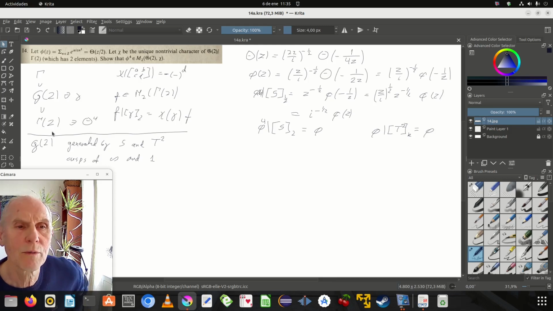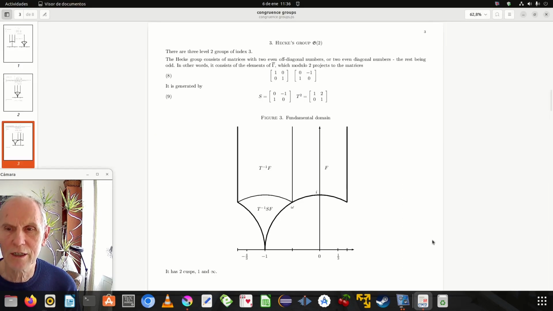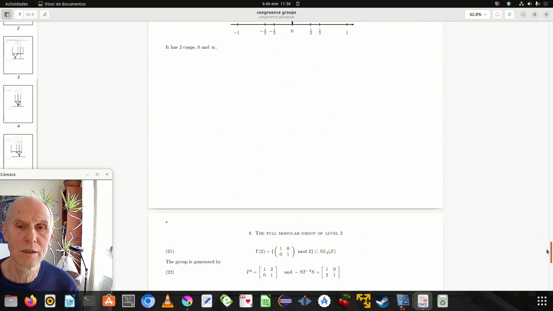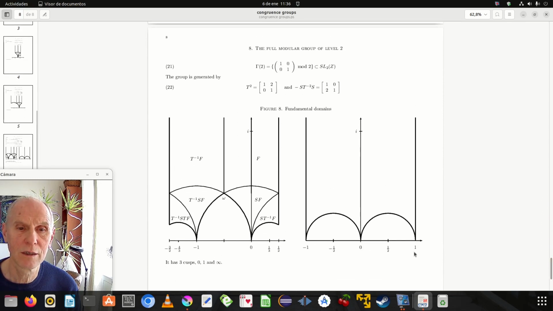And gamma 2, it has the cusps, as far as I remember, at infinity, naught, and 1. It's weird that this has fewer cusps than gamma 2. We'll just check. Yeah, I was right.